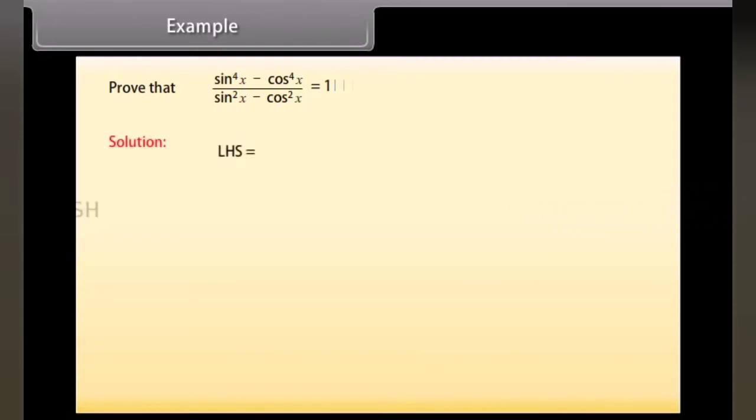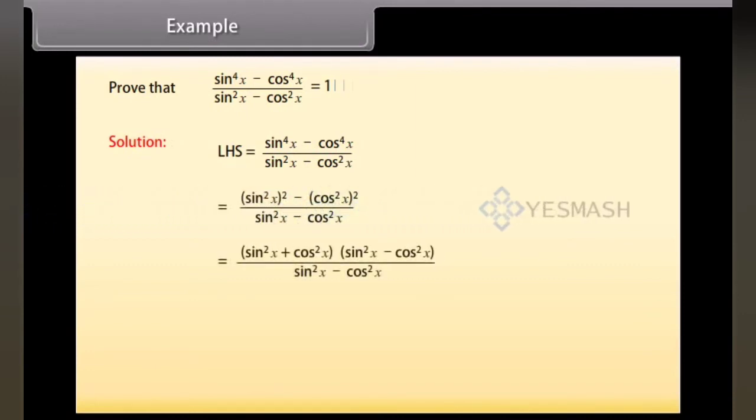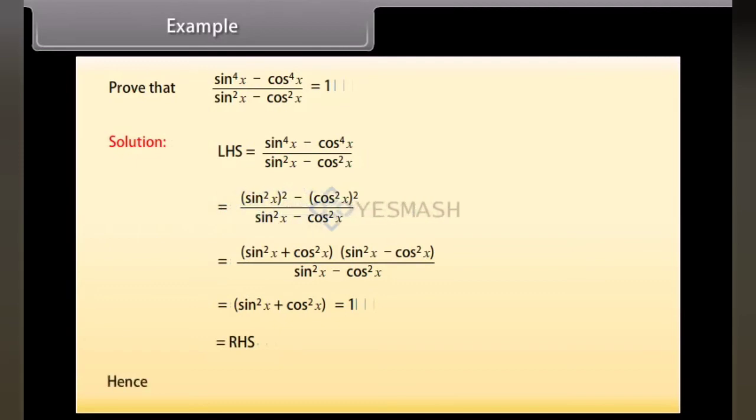On solving the left-hand side, which is sin raised to the power 4x minus cos raised to the power 4x, whole upon sin square x minus cos square x, we get 1. And this is equal to the right-hand side. Hence, sin raised to the power 4x minus cos raised to the power 4x, whole upon sin square x minus cos square x, is equal to 1.